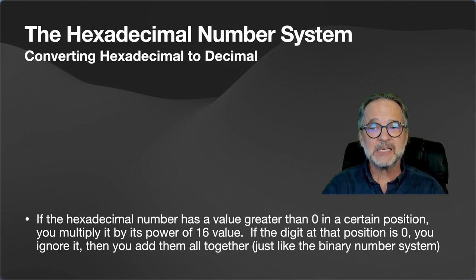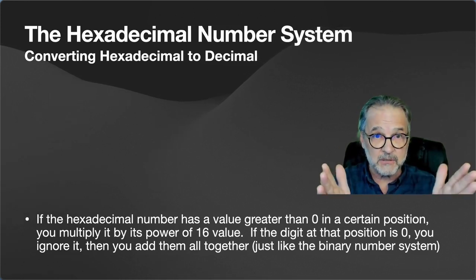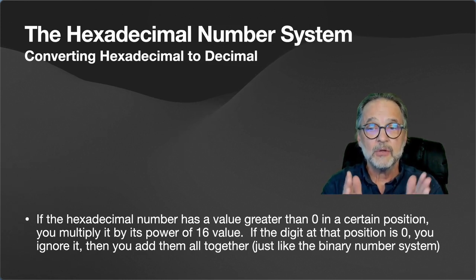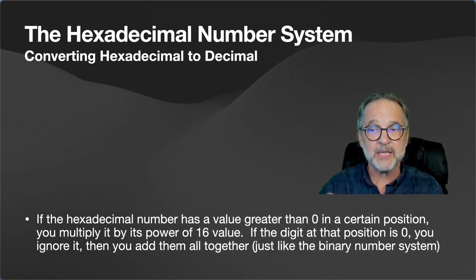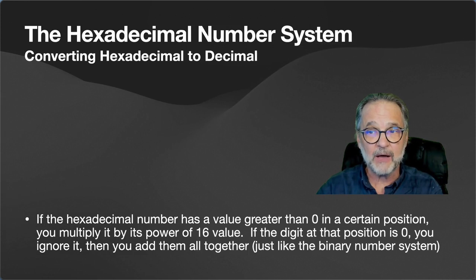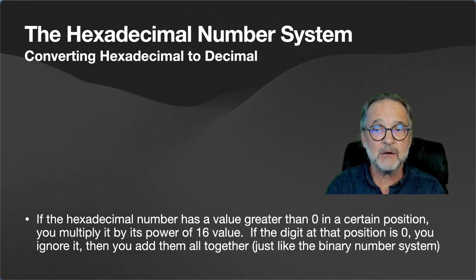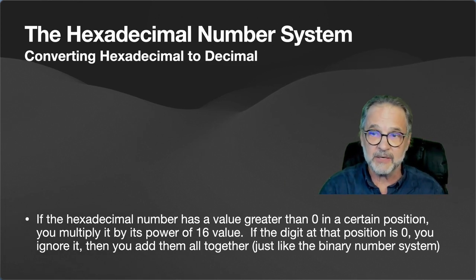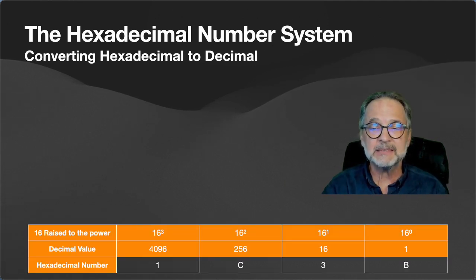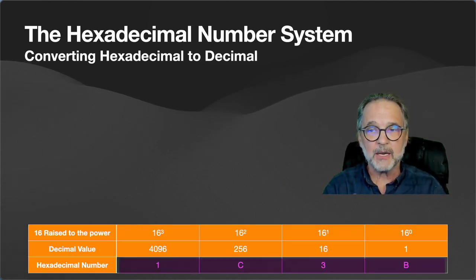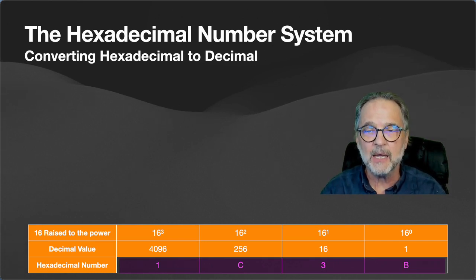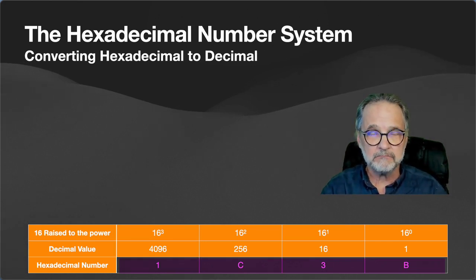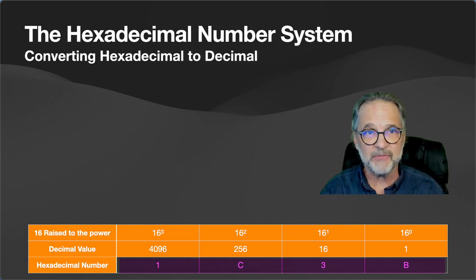So if the hexadecimal digit has a value greater than 0 in a certain position in the nibbles, you multiply that number by its power of 16 value. If the digit at that position is 0, you ignore it, or you can add the zeros together, but that's kind of strange. So here's an example. The number at the very bottom, 1C3B, what is the decimal value of that?